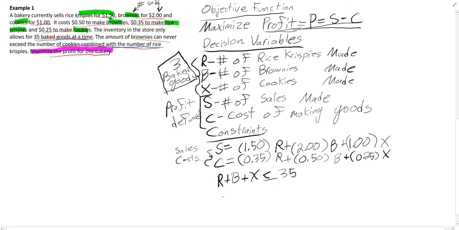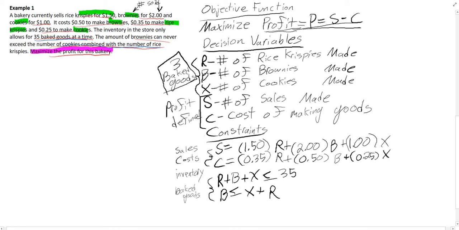And the amount of brownies can never exceed the number of cookies combined with the number of Rice Krispies. This now defines the two other constraints, being inventory and the baked goods constraint.